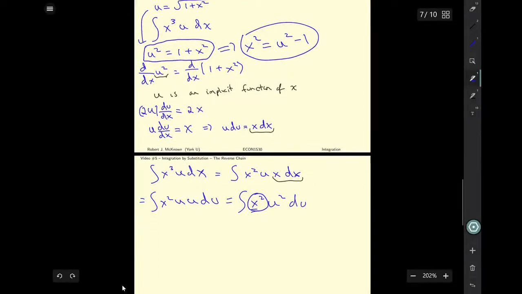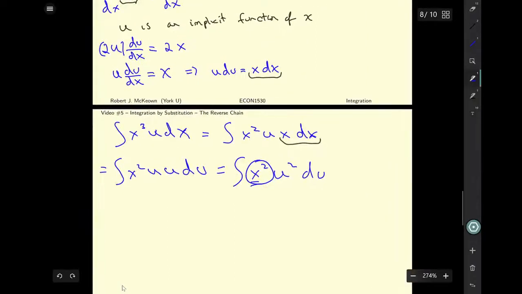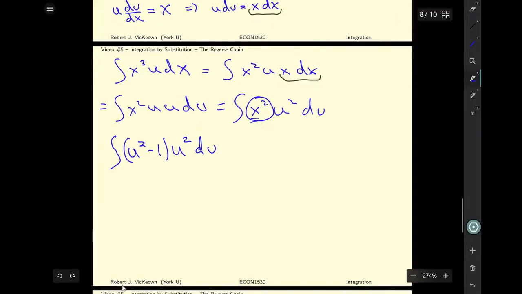And so I can make another substitution. I'm going to have the integral of u squared minus 1 times u squared du. Now I've gotten rid of those x's. The x's aren't floating around, making it difficult for me to integrate.